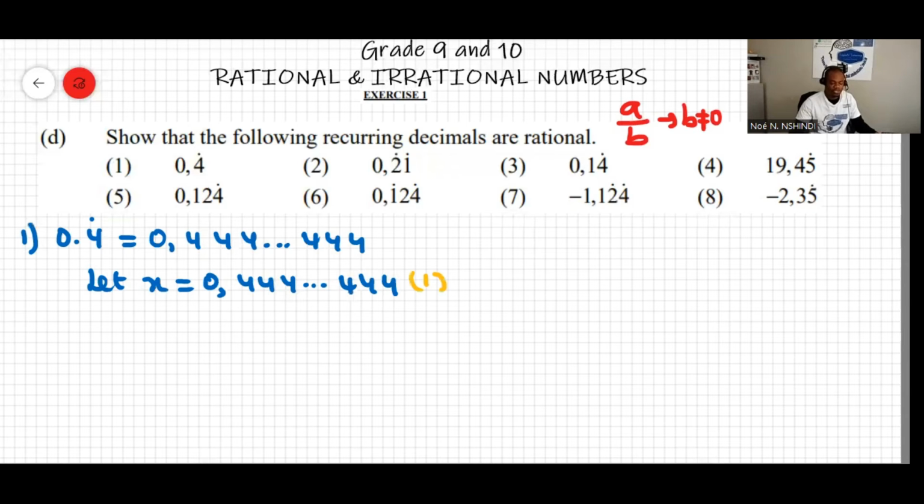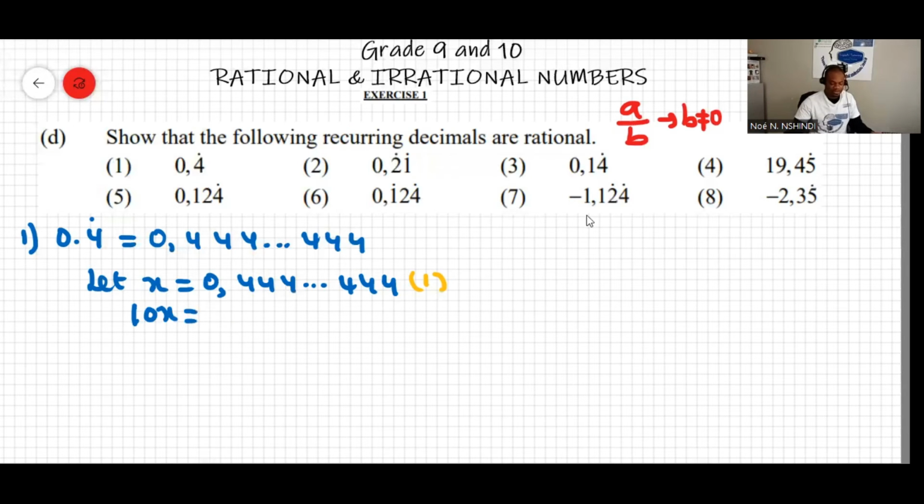Because it's only one digit that repeats itself, I will multiply this equation by a number with 1, 0. I prefer to choose to multiply the equation by 10. So it's going to be 10x.